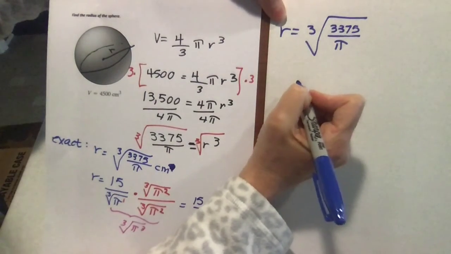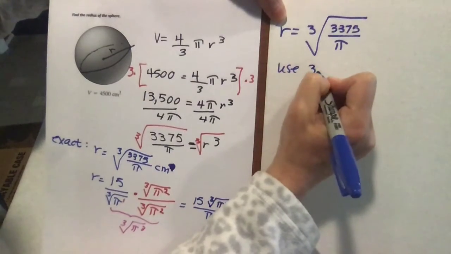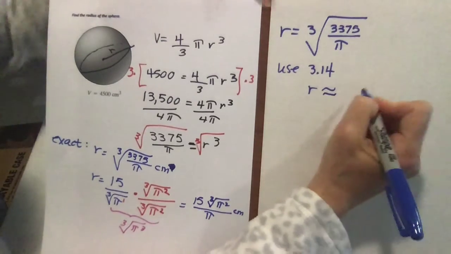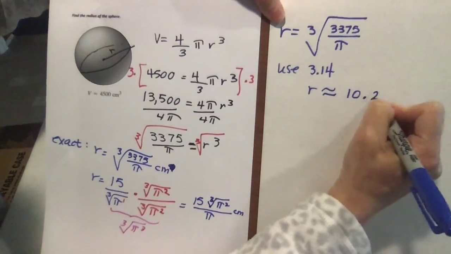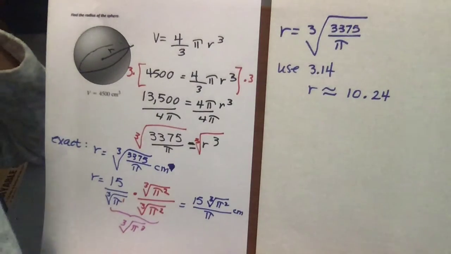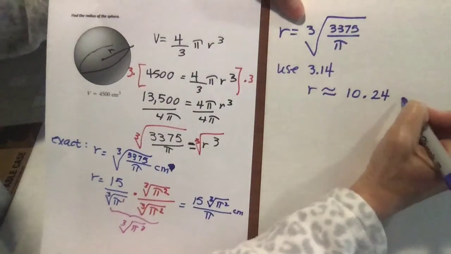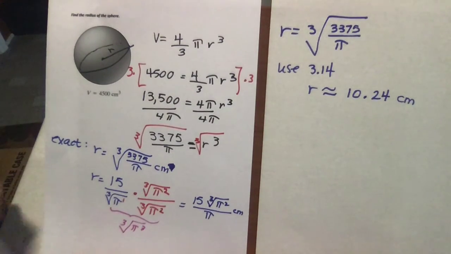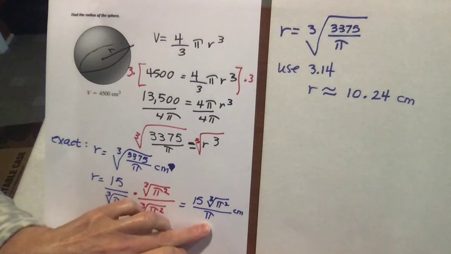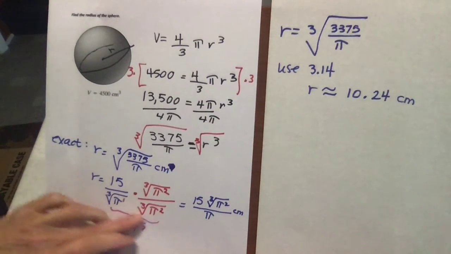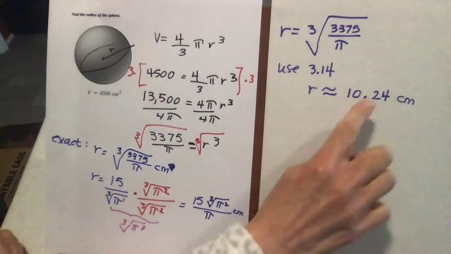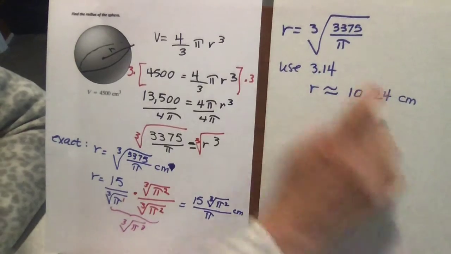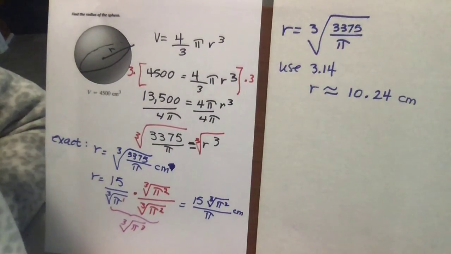If you use 3.14 for pi, your radius is approximately going to come out to be 10.241, so 10.24 to the nearest hundredth, and don't forget your units of centimeters. So that is how you would get a missing radius in terms of pi. You'd have to rationalize, and this is how we do it. And using 3.14, it'll come out to 10.24 rounded to the nearest hundredth.